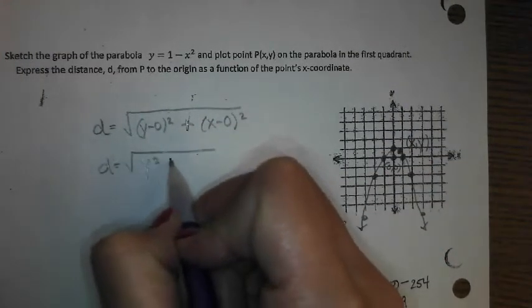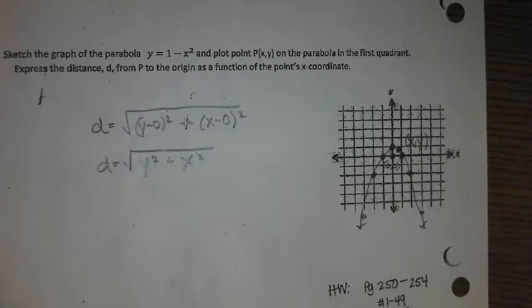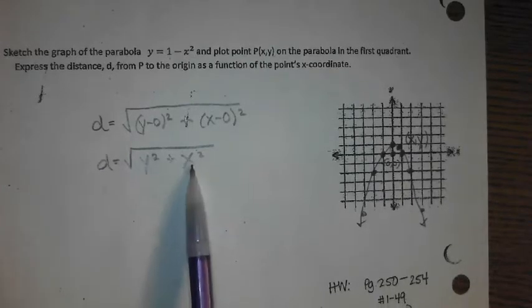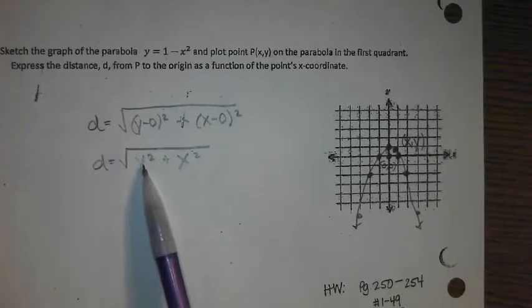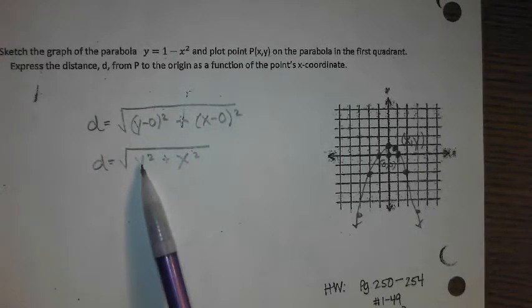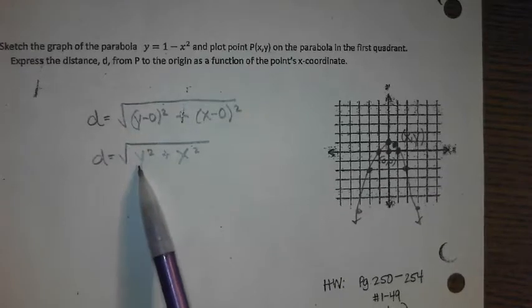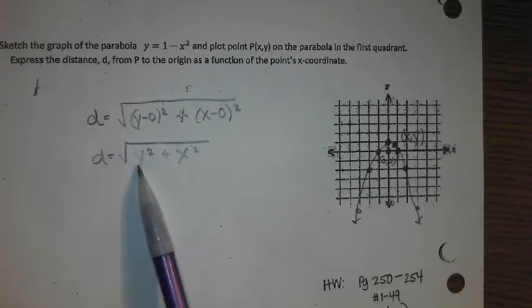Simplify that, and we have this. But that's the distance in terms of x and y. When it's asking for the distance just in terms of the x coordinate, how do we get rid of this y? We're going to take out y and replace it with what?